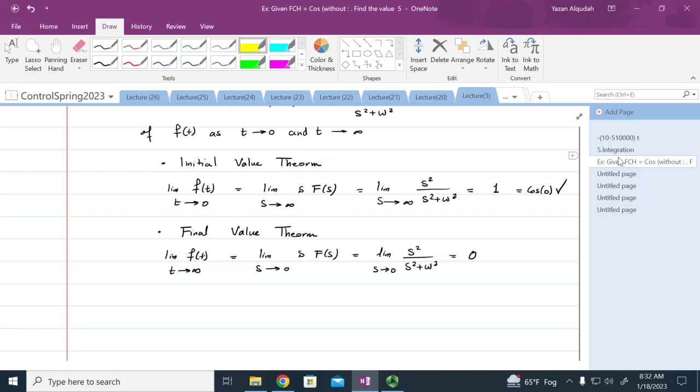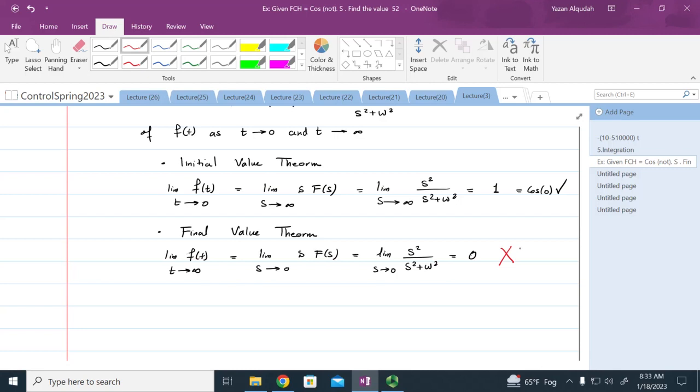This is not correct. Why is it not correct? Because the cosine is not defined at infinity. Make sense? The cosine is oscillating at infinity and does not have a value.